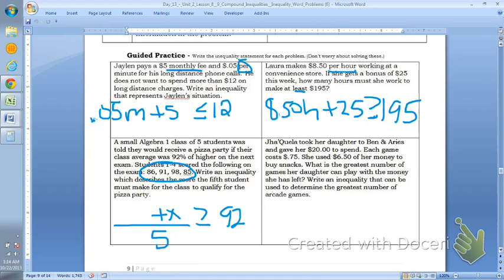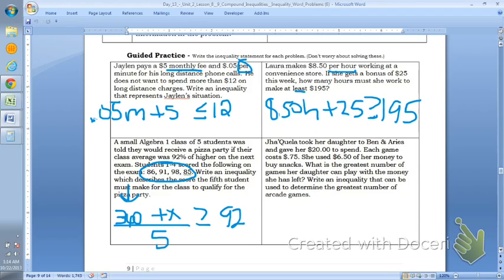Add up the 86, 91, 98, and 85, and that's the number that you will add to your x value. I got 360 for that total. So 360, those 4 scores, plus the 5th score, divided by a total of 5 scores, is greater than or equal to 92. That's the inequality that you would have.